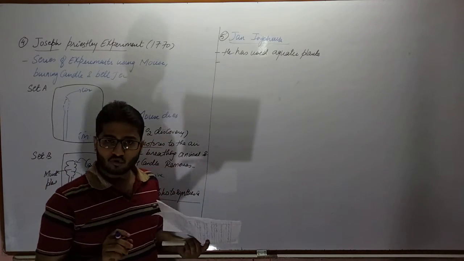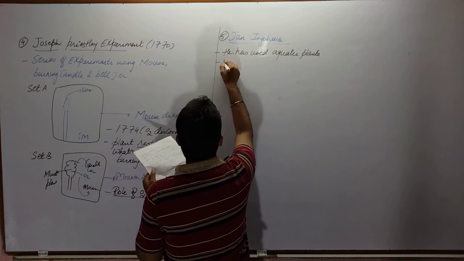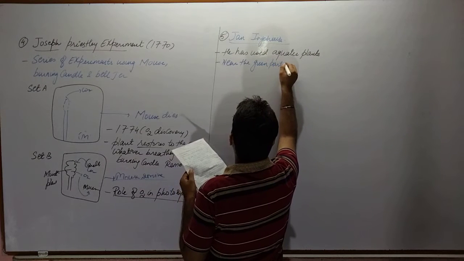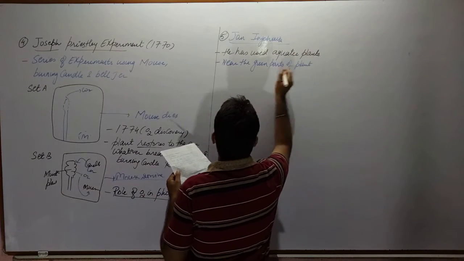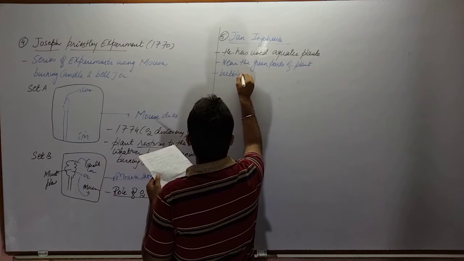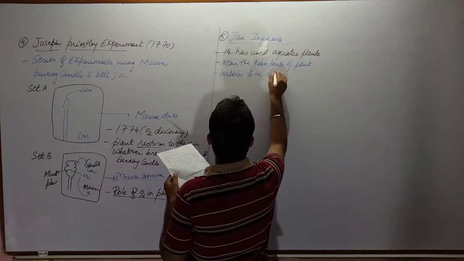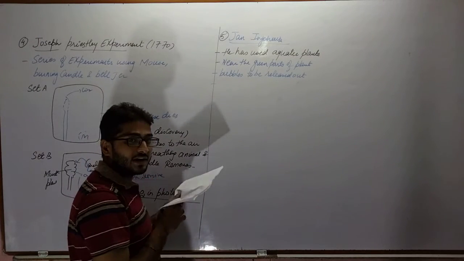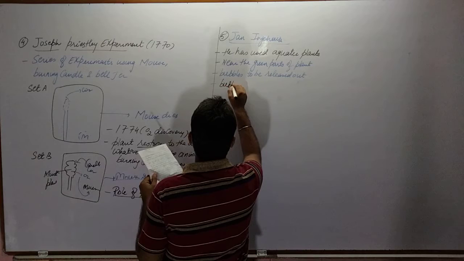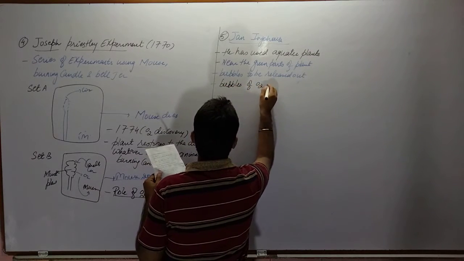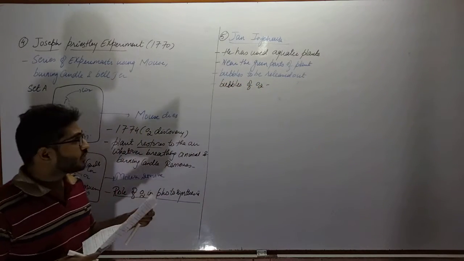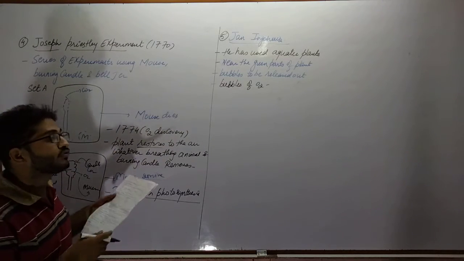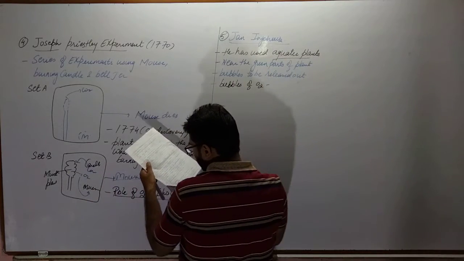In the setup exposed to light, he found that near the green parts of the aquatic plant, bubbles were released. Later on, these bubbles were identified as bubbles of oxygen. So again, this was the experiment performed by Jan Ingenhousz with slight modification. The modification is that he used aquatic plants.